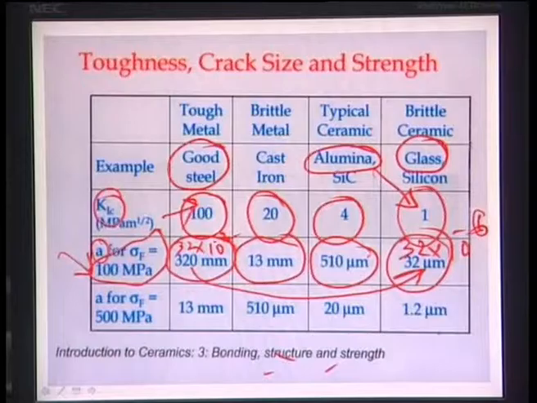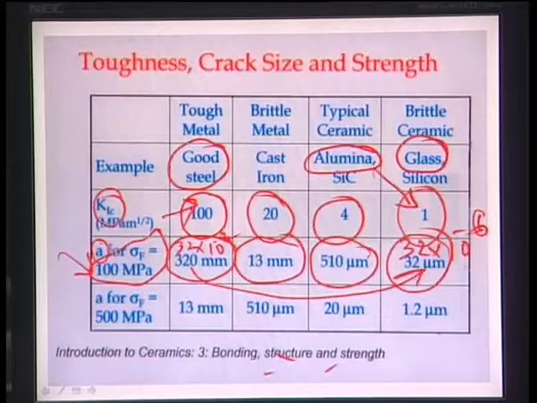So I again emphasize this point. 320 millimeter means 32 times 10 to the power minus 2 meter. 32 micrometer means 32 times 10 to the power minus 6 meter. So when you are decreasing the fracture toughness from 100 MPa square root meter to 1 MPa square root meter, that means you are decreasing by 2 orders of magnitude. By decreasing the fracture toughness by 2 orders of magnitude, the maximum crack length that can be tolerated in the material decreases from 32 times 10 to the minus 2 to 32 times 10 to the minus 6.